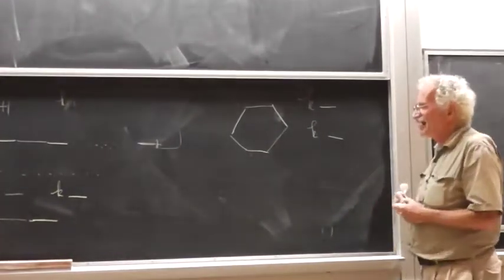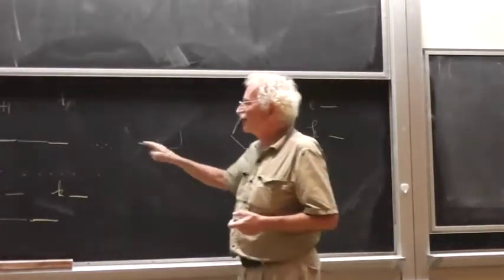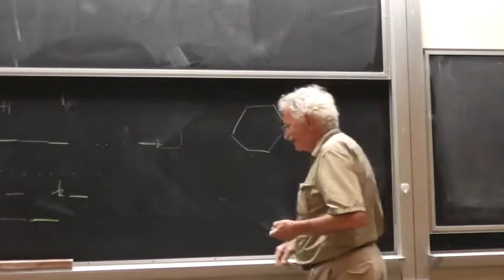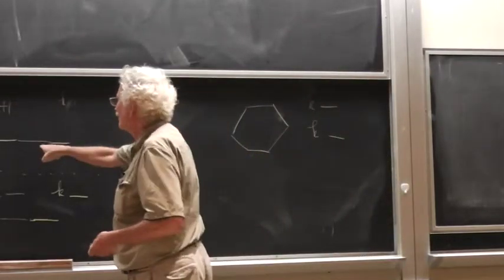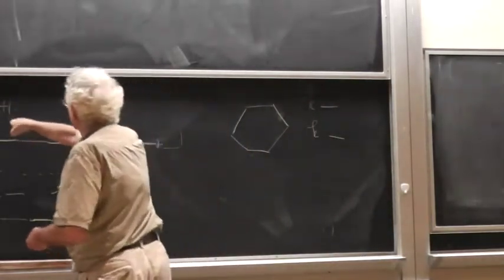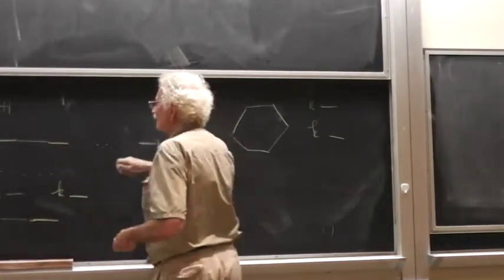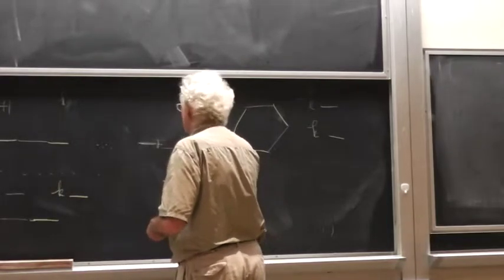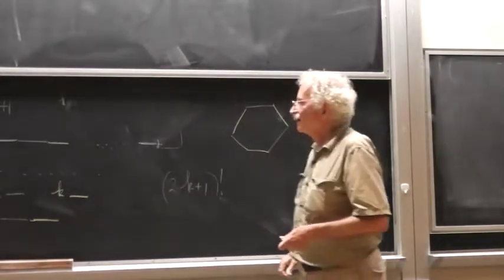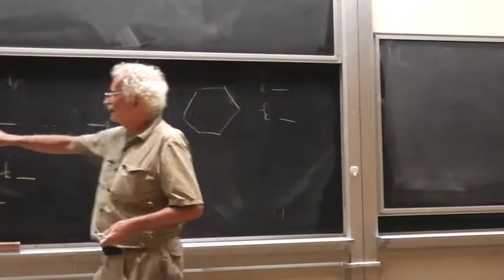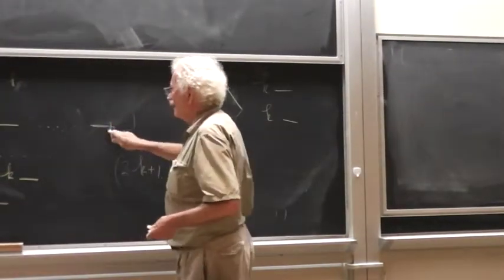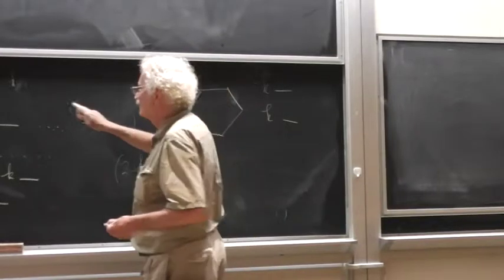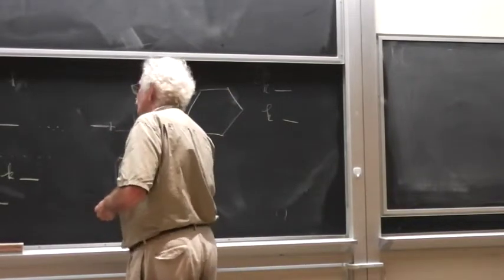Now find the exponential generating function for each of these. It's just easy summing. So here we have K plus 1. You have to put labels. There are 2K plus 1 factorial ways of putting them, and by symmetry, it's over 2.